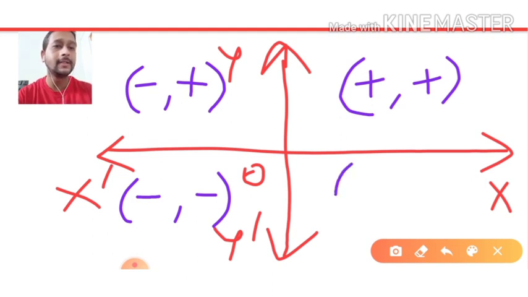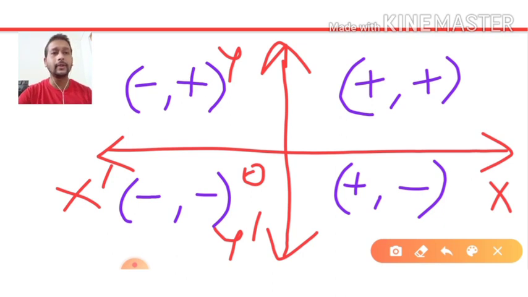Here, on the right hand side, x will be positive, but it is below this line, so y is negative. You just have to remember this. You will be given the points, and by looking at the points you will know where to plot them.